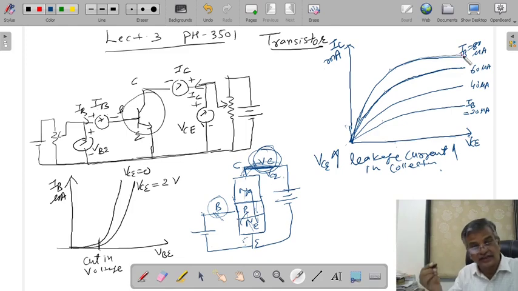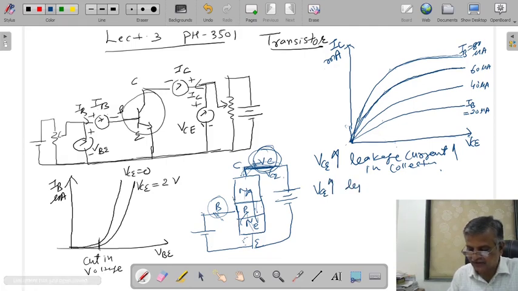Another way you can explain it: as Vc increases, the depletion width at the collector base junction increases.